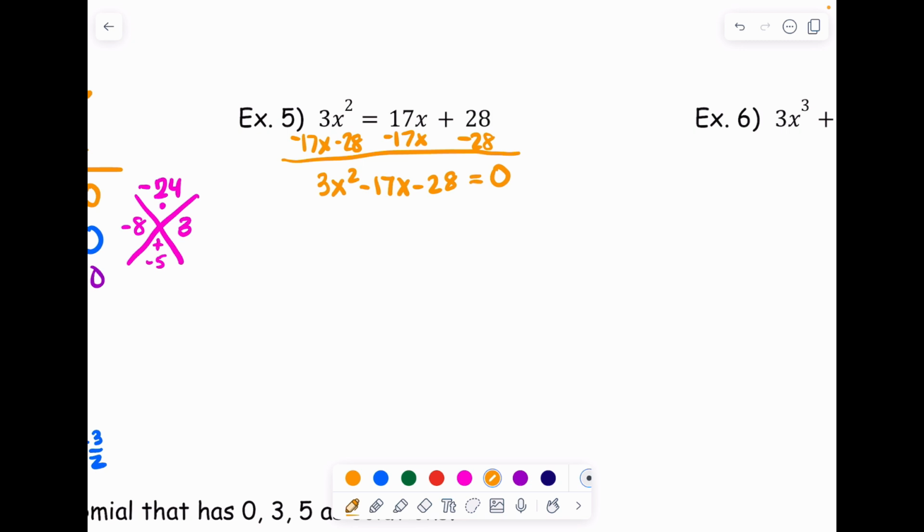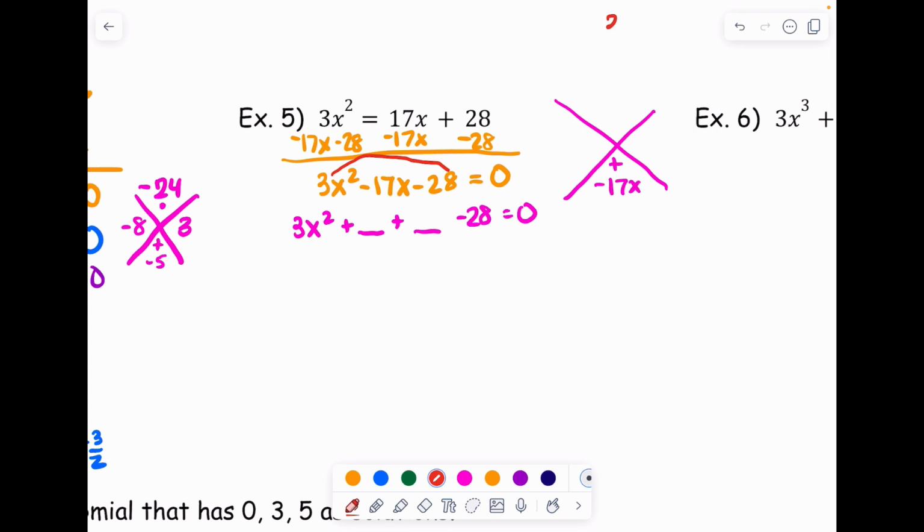Now I see that not all 3 terms have something in common, so I'm going to expand this negative 17x so that I can have 4 terms. We know this is going to happen when we add to negative 17x. To get our product, we multiply the first times the last, and that's going to be a pretty good size number.